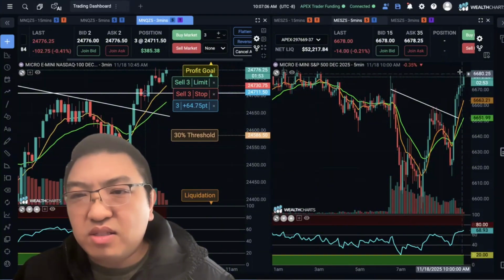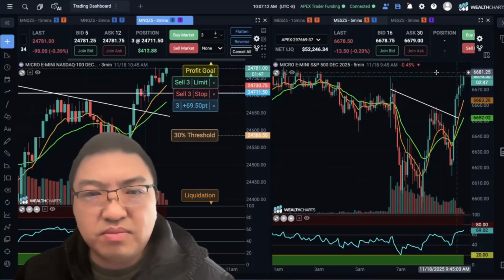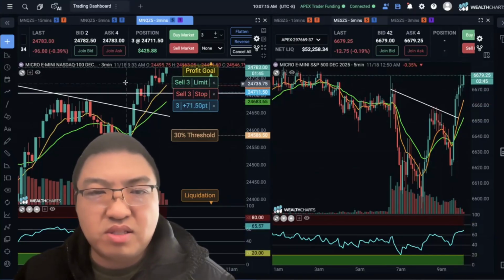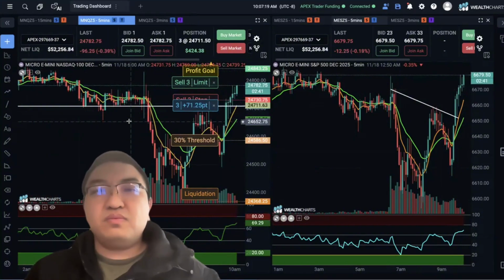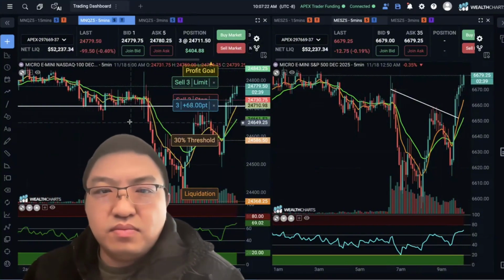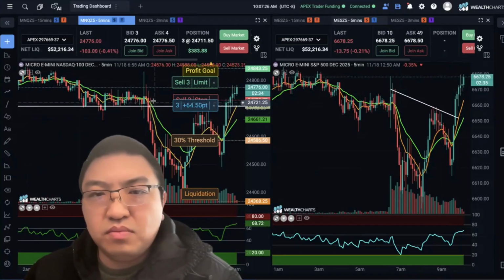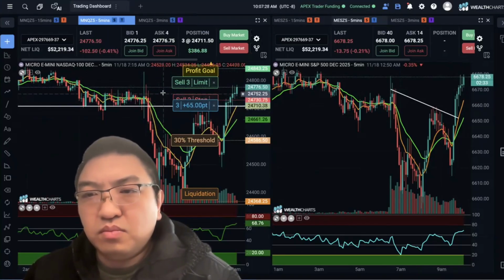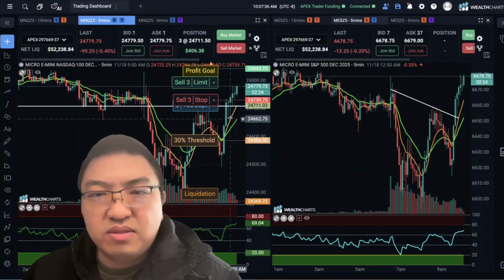See, yes, it closes upward. Then I'll move my stop loss to the bottom of this candle. Yeah, buyers keep winning in the battle. This is very healthy growth.